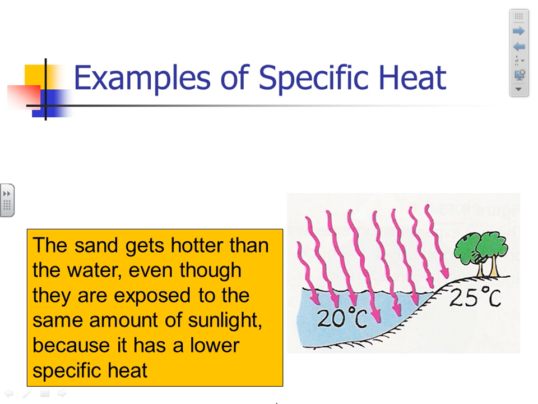It's easier to heat up the sand than it is to heat up the water. The water has a high specific heat value. It's harder to heat it up than it is to heat the sand up.